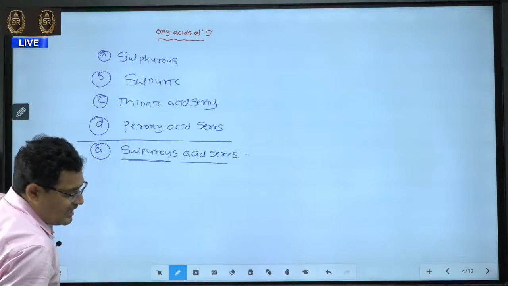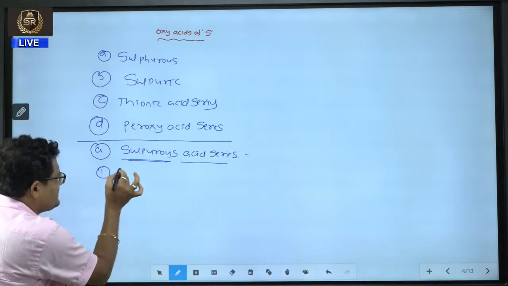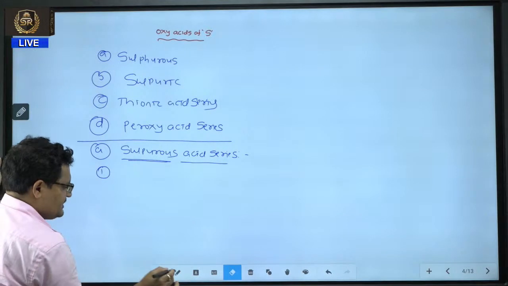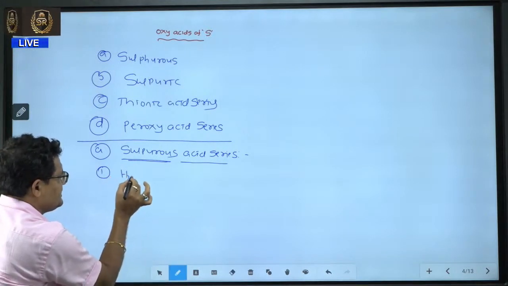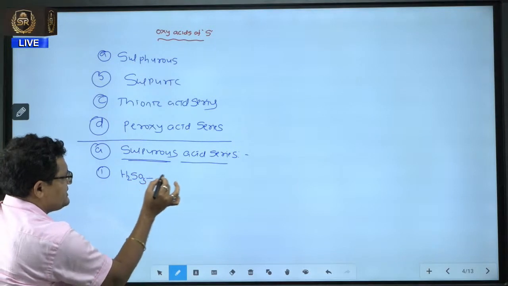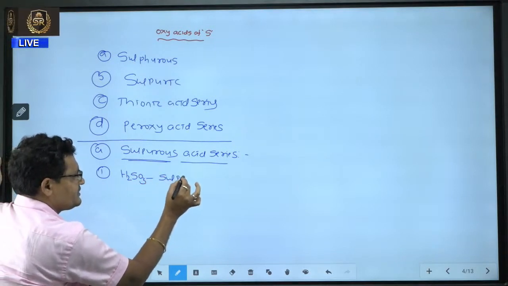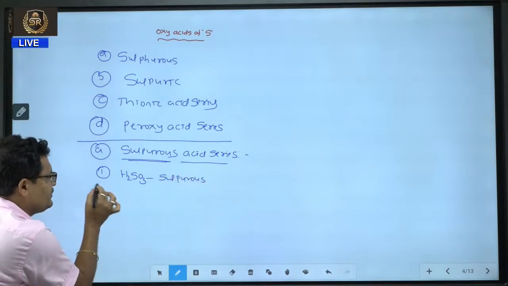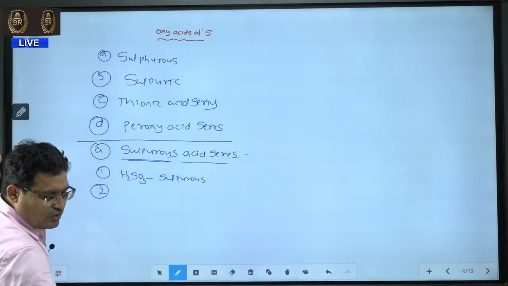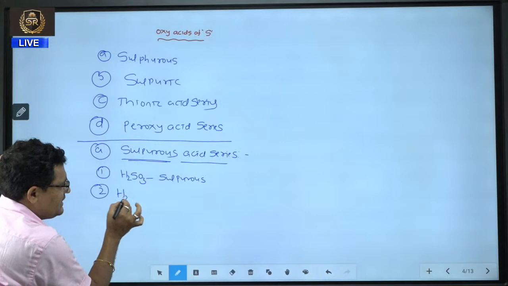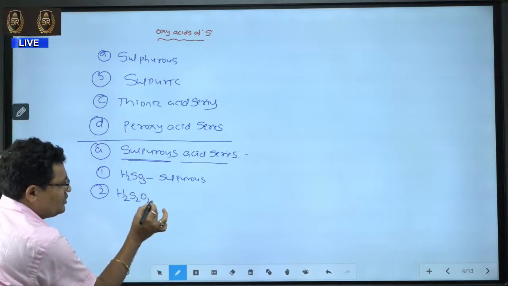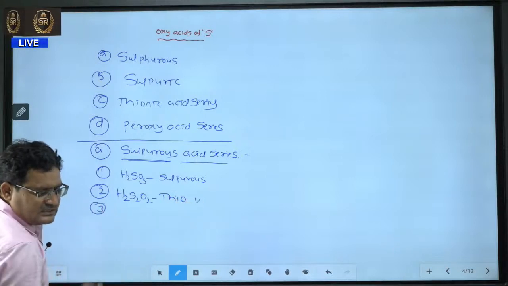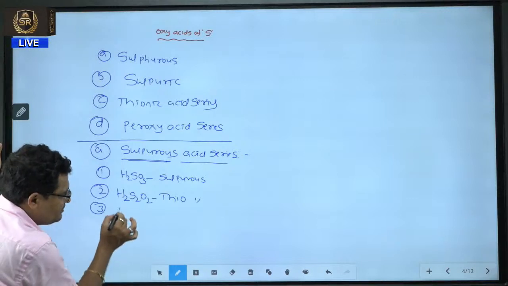The first one is sulfurous, with formula H2SO3. The second one is thiosulfurous, with formula H2S2O2. The third one is dithionous, H2S2O4.